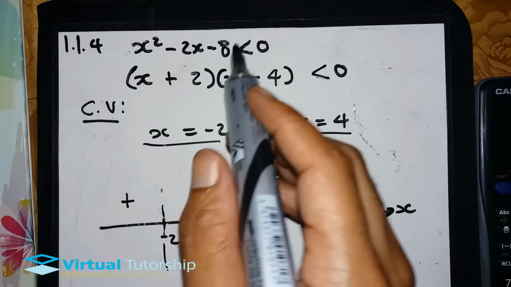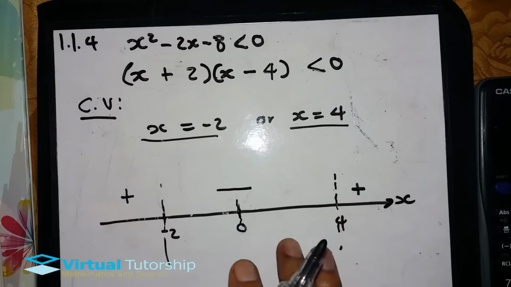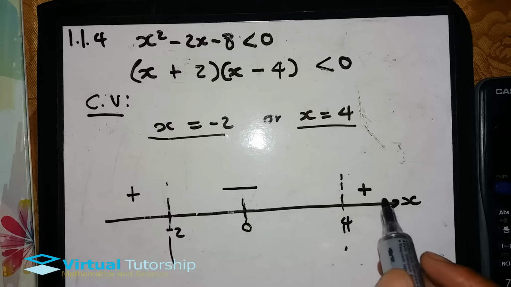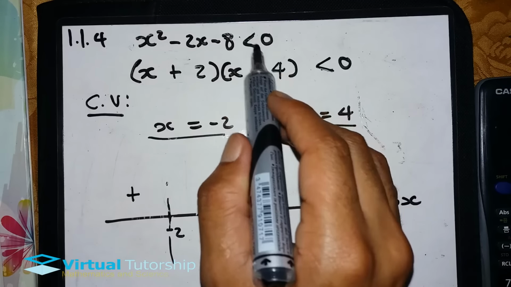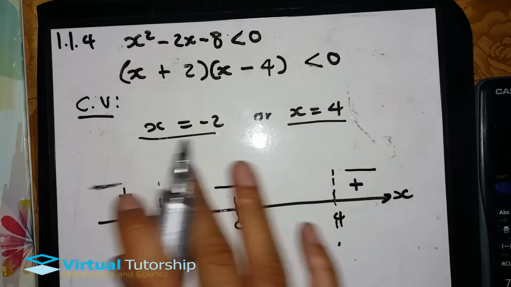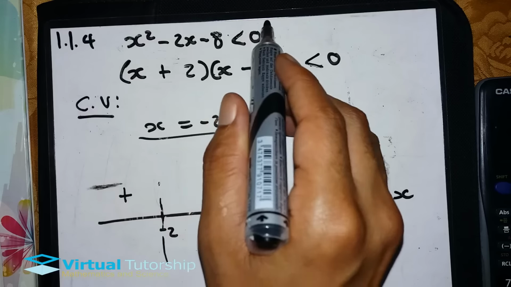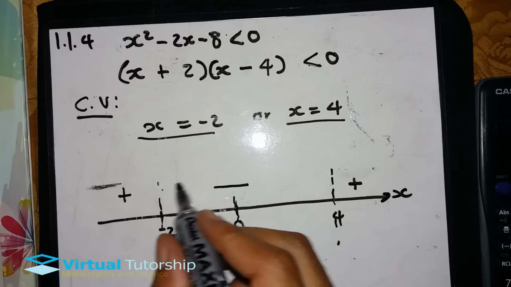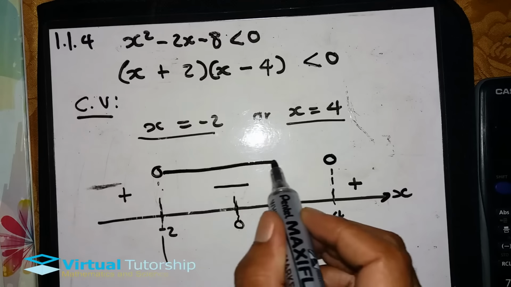If it's negative it will be our solution. A positive number is not less than 0. So the positive sides are not our solutions, only the negative side, because if this is negative the statement is true.